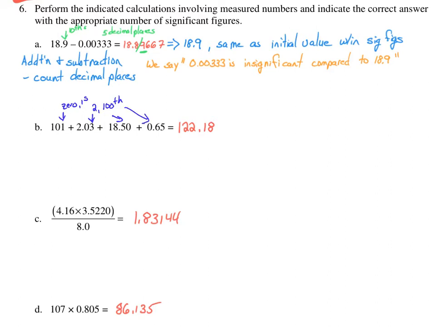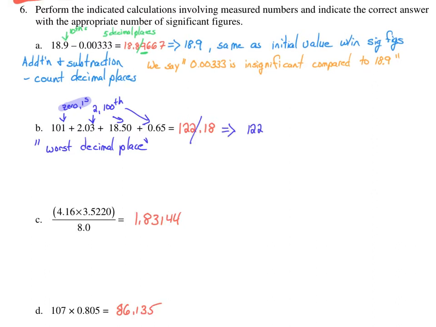And our rule is that we can't go beyond our worst decimal place. In this case, our worst decimal place is the ones place, or in other words, we report our answer to 0 decimal places. Our correctly reported answer is 122.